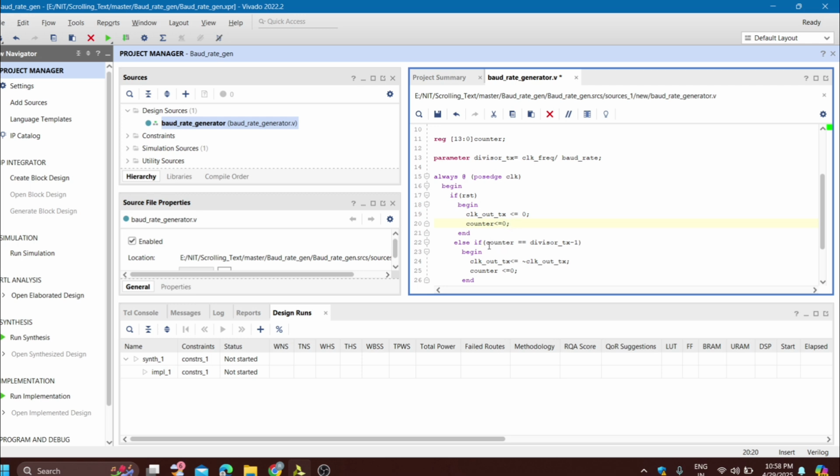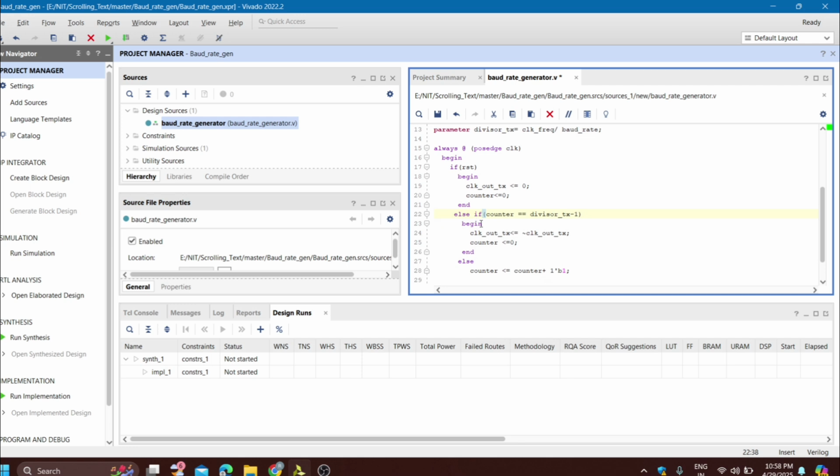If reset is not there, reset equal to 0, then this condition will be checked: if counter equals divisor TX minus 1, meaning this value, whatever we calculated here, around 10,400, equals the counter, then these things will happen.